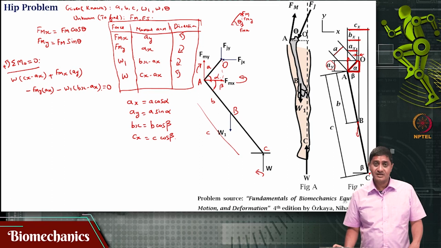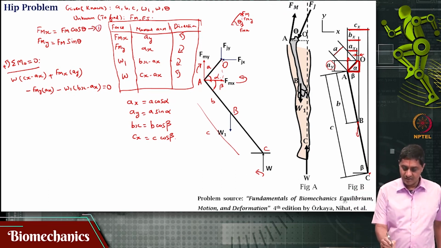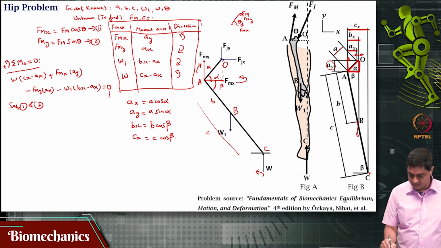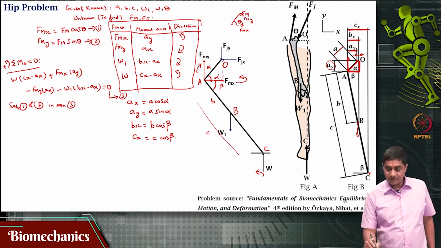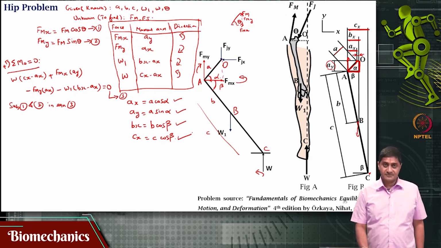Substitute for values of Fmx and Fmy in this equation. That is, if I call them equation 1 and equation 2, substitute equation 1 and equation 2 in this equation, which I am calling 3, and also substitute for values of Ax, Ay, Bx, Cx in your equation 3.